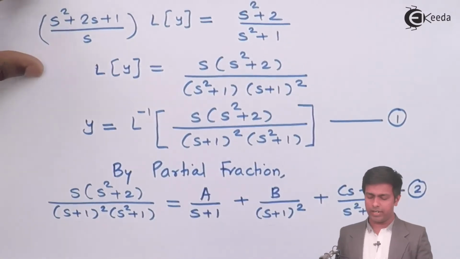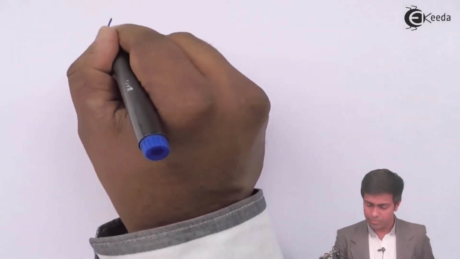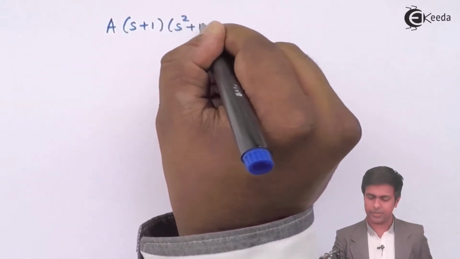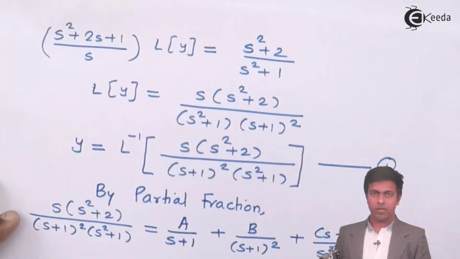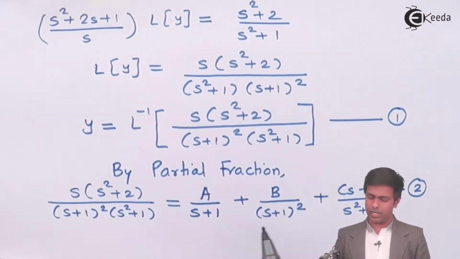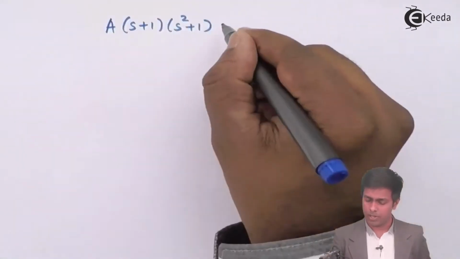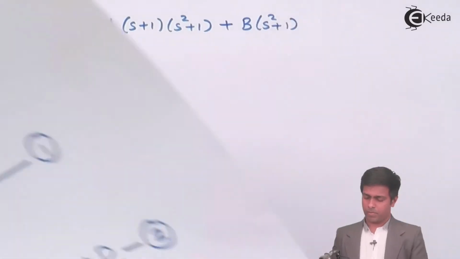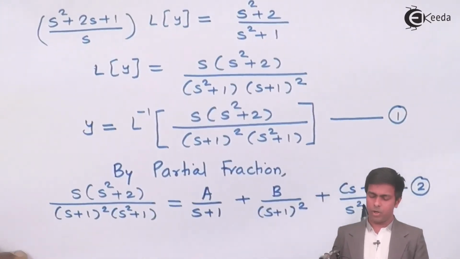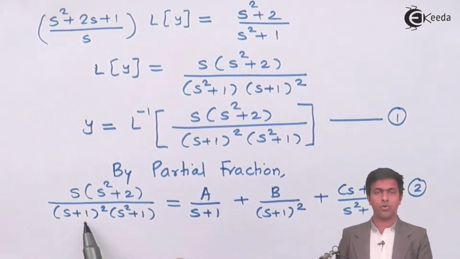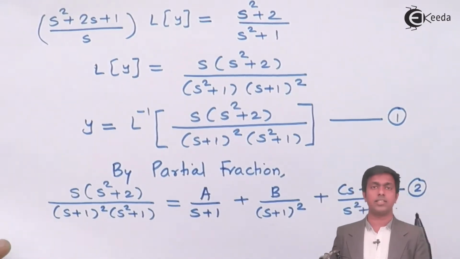So here we will get A(s+1)(s²+1). Now for B, we already have (s+1)², so I'll multiply with (s²+1), and here also (s²+1), so plus B(s²+1). Here in this denominator we have (s²+1), I don't have (s+1)², so I'll multiply here as well as in the numerator.